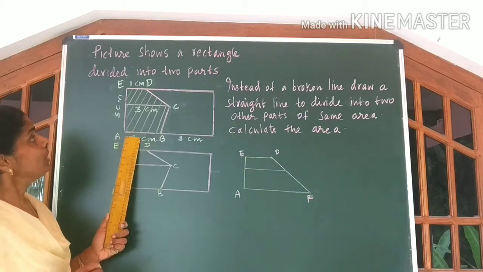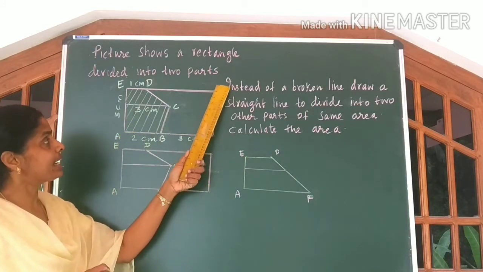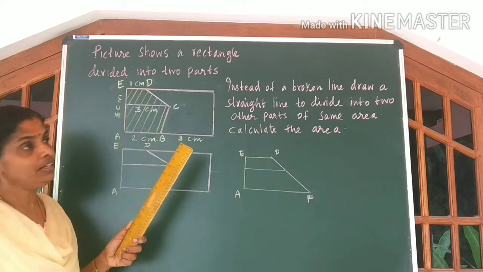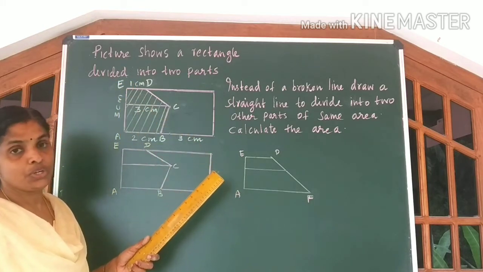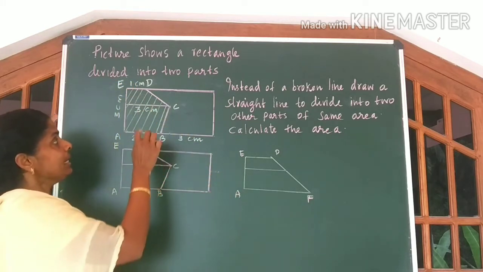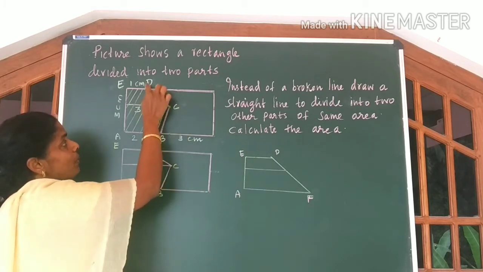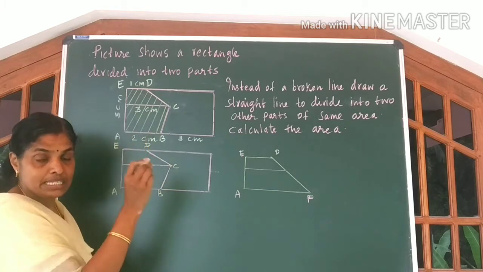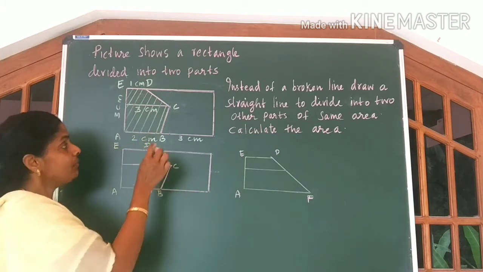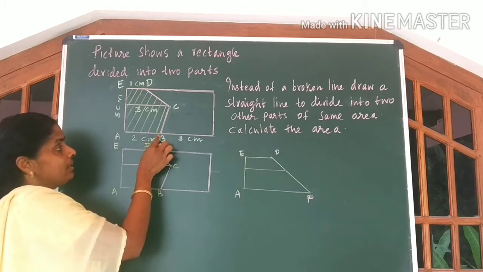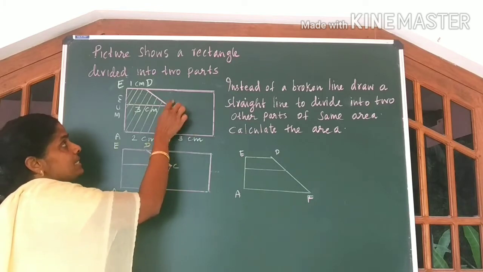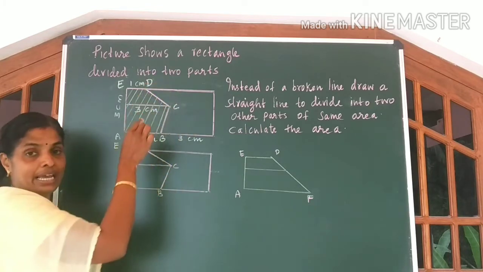Question here, the picture shows a rectangle. You can see a rectangle and they have asked you to draw a line instead of this broken line. BCD is the broken line.